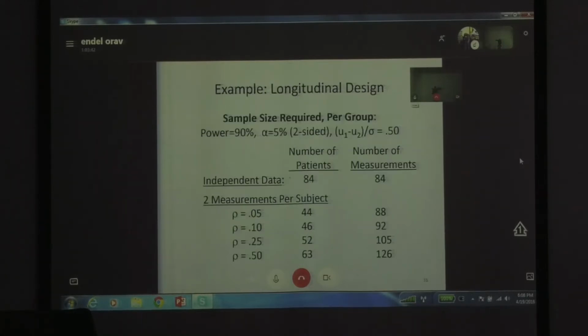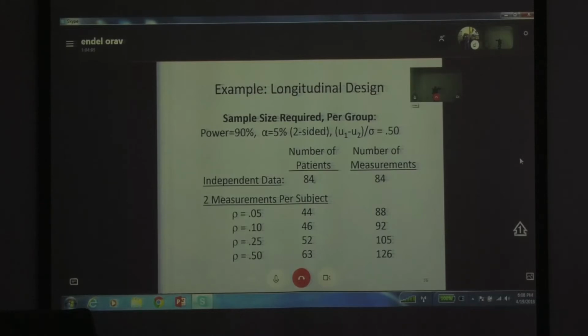If you're curious what the implications are, I just generated some power calculations for doing a study that would have 90% power to find a half standard deviation between two groups. If I used independent measurements, I would need 84 people in each arm.